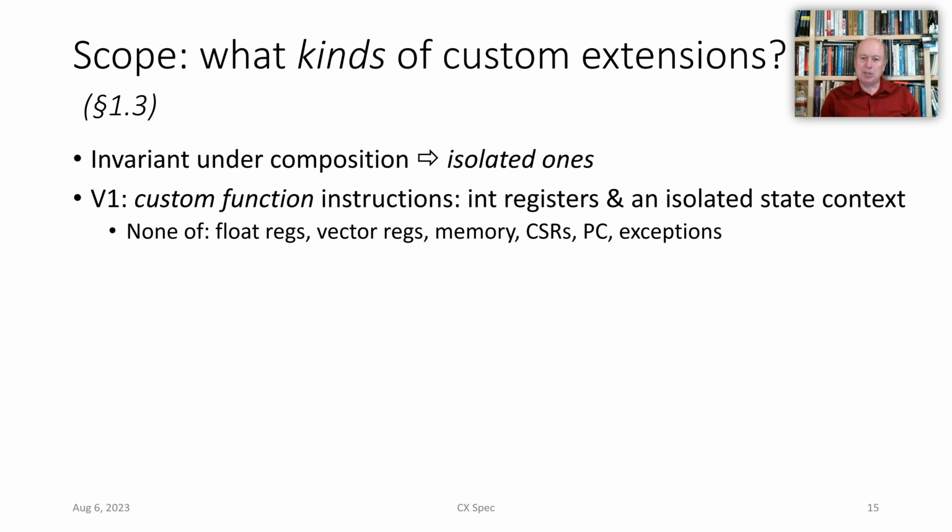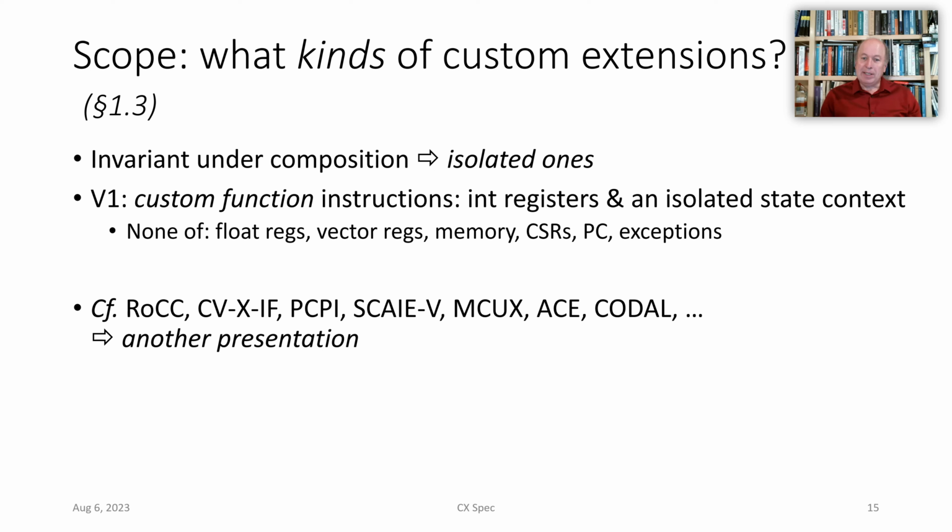So for version 1 of the spec, the scope is narrowly defined as extensions whose custom function instructions access only the integer registers plus an isolated extension state. We do not support custom extension access to the floating point or vector registers, memory, CSRs, the program counter, instruction flow generally, or exceptions. It's very interesting to compare our design to some of the other less composable extension systems, but that's the subject of another presentation.